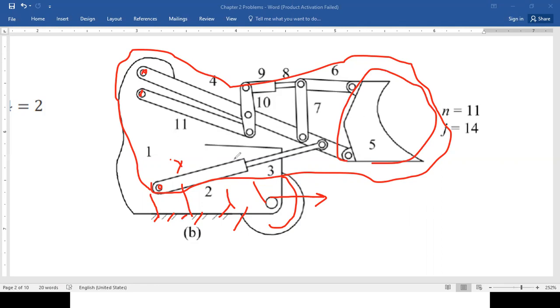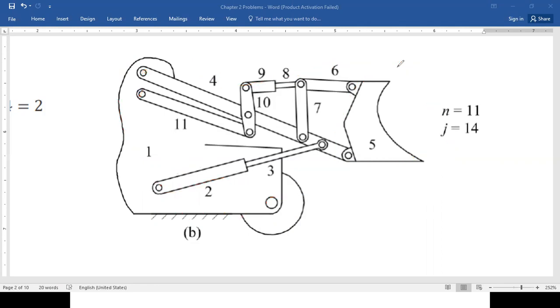Doctor, yes. In such a case, the question would specify that you want the degree of freedom of the mechanism with respect to the body. No, but the idea is what is the purpose of the mechanism.